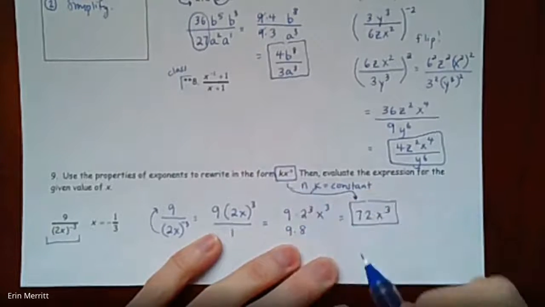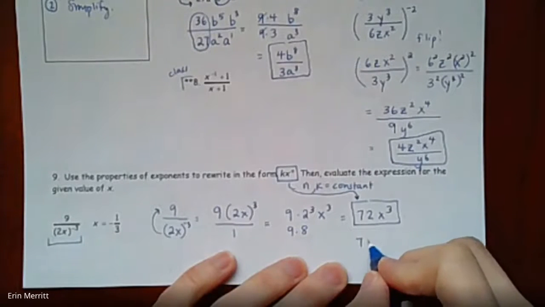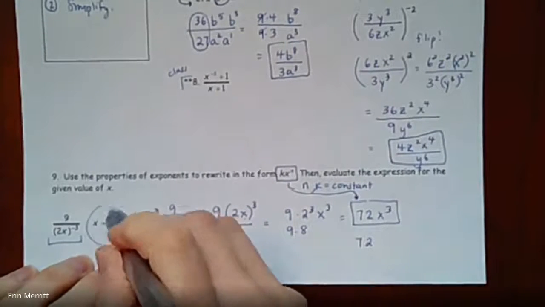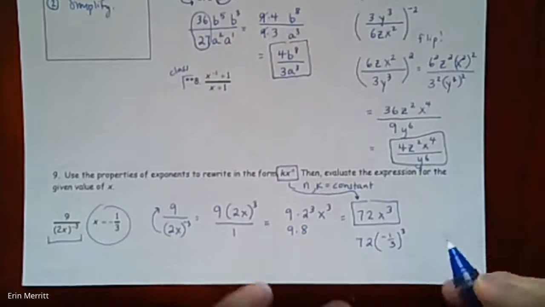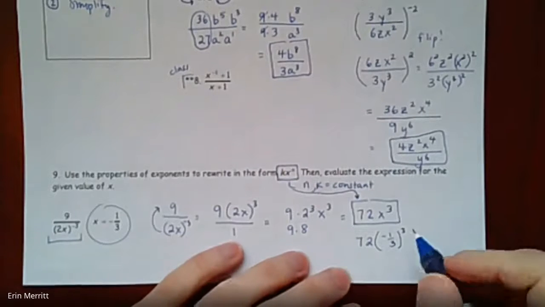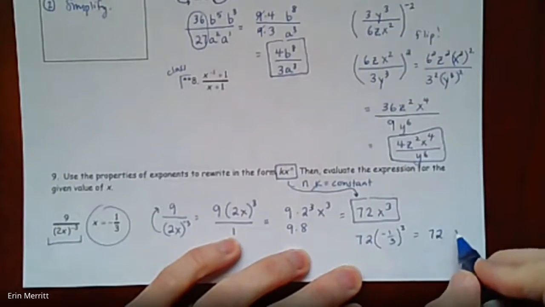All right. Then it says evaluate for the given value of x. So if we now plug in that x equaling negative 1/3, you can grab a calculator. You can do it in your head. It's up to you. So I'm going to have negative 1 cubed.